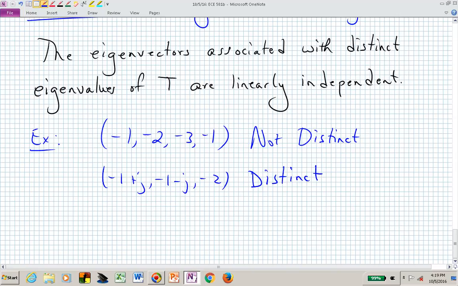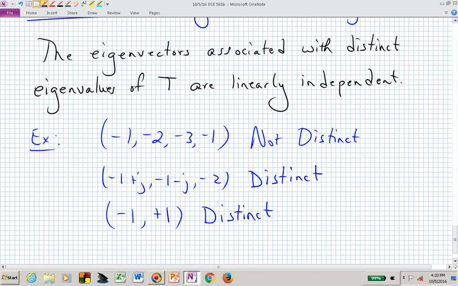If we have distinct eigenvalues, then the eigenvectors associated with each of those eigenvalues are linearly independent. Question. What about +1 and -1? Are those distinct? Are they separate points on the complex plane? This particular set, -1, +1, they are distinct.